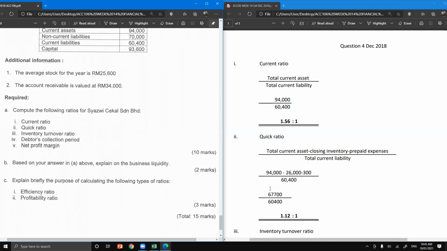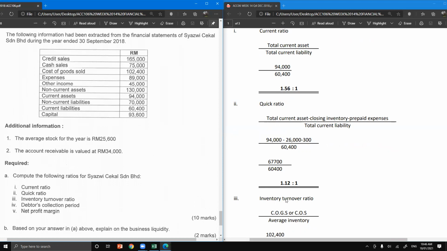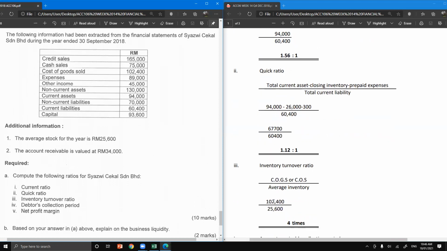And next is the inventory turnover ratio, A3. The formula is cost of goods sold, or cost of sale, divided by average inventory. Cost of goods sold is given at 102,400 ringgit, and average stock is also given in the additional information as 25,600 ringgit.